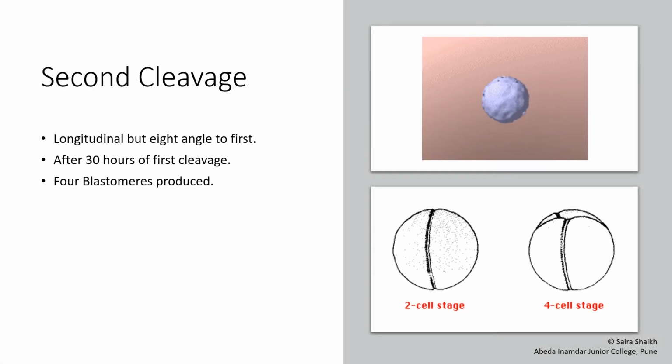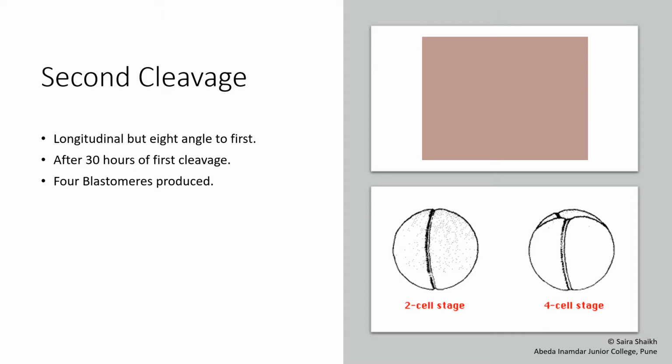The second cleavage begins about 30 hours after the first cleavage. This cleavage plane is also longitudinal, but it is at a right angle to the first cleavage plane. Both the planes are at right angles to each other, like when we cut an apple.